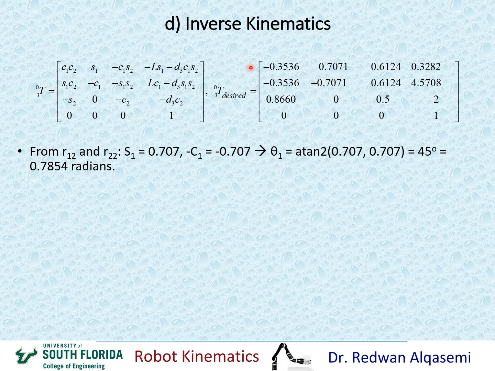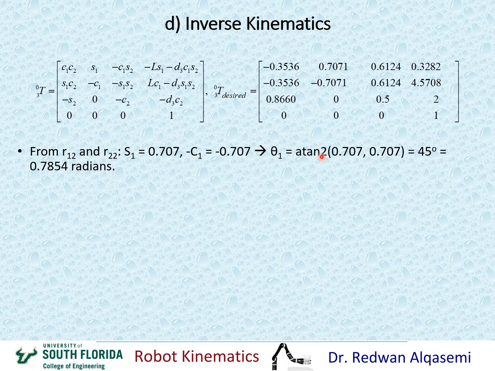So basically sine 1 equals 0.707, as we see here, and negative cosine 1 equals negative 0.707, as we see right here. Now that we have sine 1 and cosine 1, we can use atan2 to find theta 1. Atan2 is a function available in Matlab. It's similar to inverse tan, but this function preserves the sign of the sine and cosine.